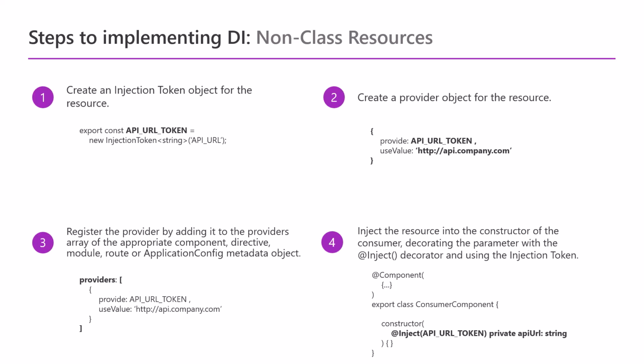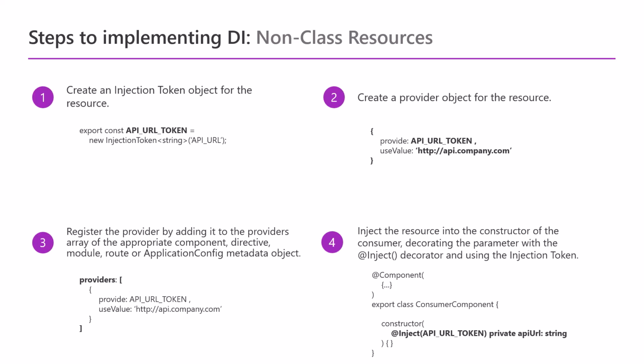Step 3 in the process, we register the provider. Remember, registering the provider simply tells Angular where you want the resource to be available and to what consumers. The last step, step 4, we inject the resource into the constructor of the consumer. And remember, we also did this for our service, but there's an additional piece of information that we provide when we inject a non-class resource into the constructor of the consumer.